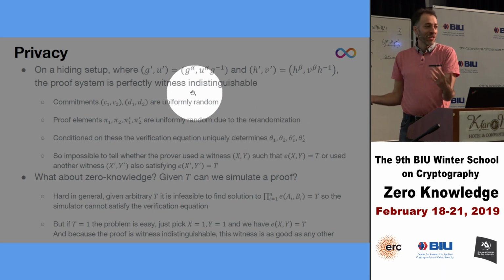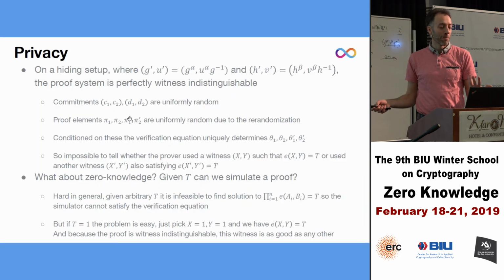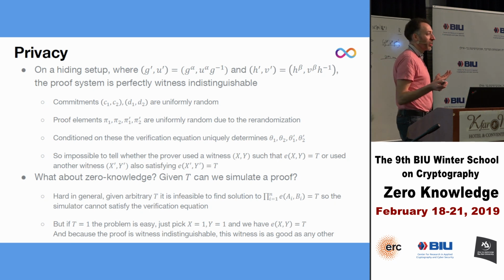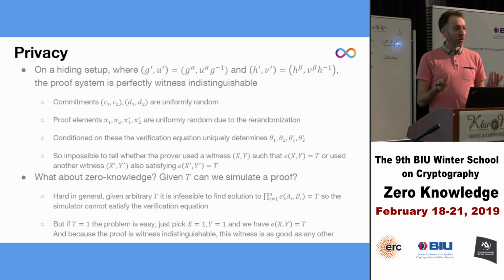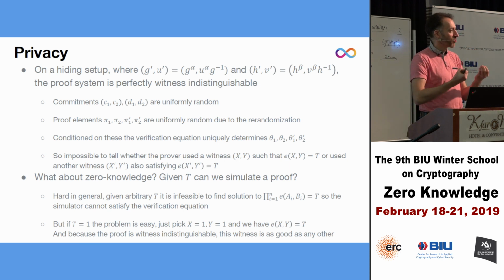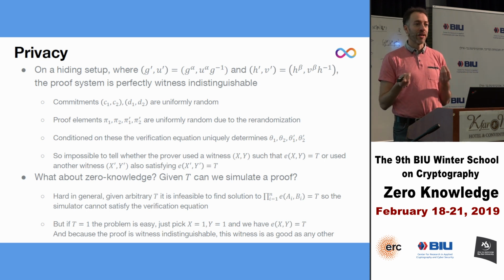Okay, so they as well carry no information about what is the witness. So in other words, there's no way, because of this perfectly hiding property of the commitment schemes and because of the re-randomization of proofs, there's no way that you can tell anything about which witness the prover had in mind.